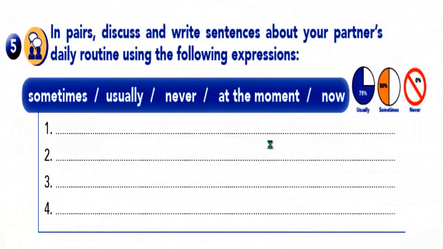Okay, now exercise number 5. In pairs, discuss and write sentences about your partner's daily routine using the following expressions. So as you see, what are these expressions? Sometimes, usually, never, at the moment, now.